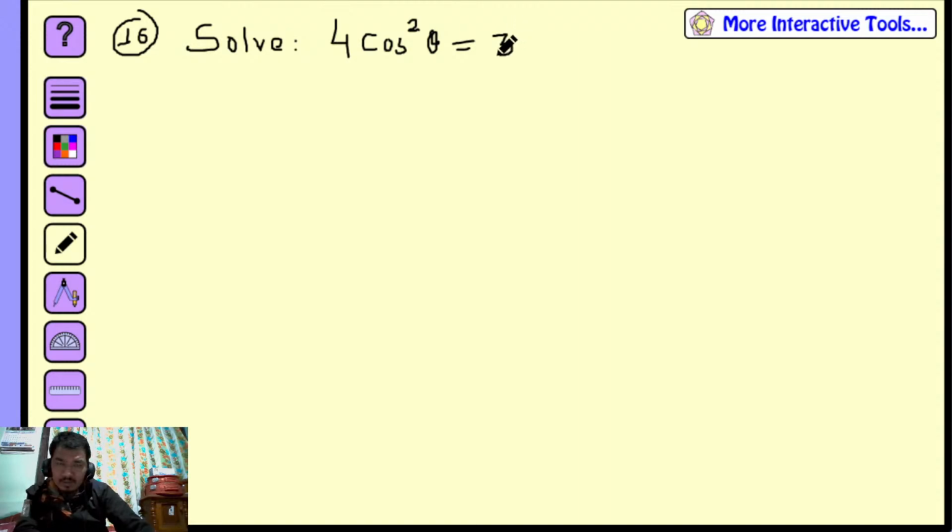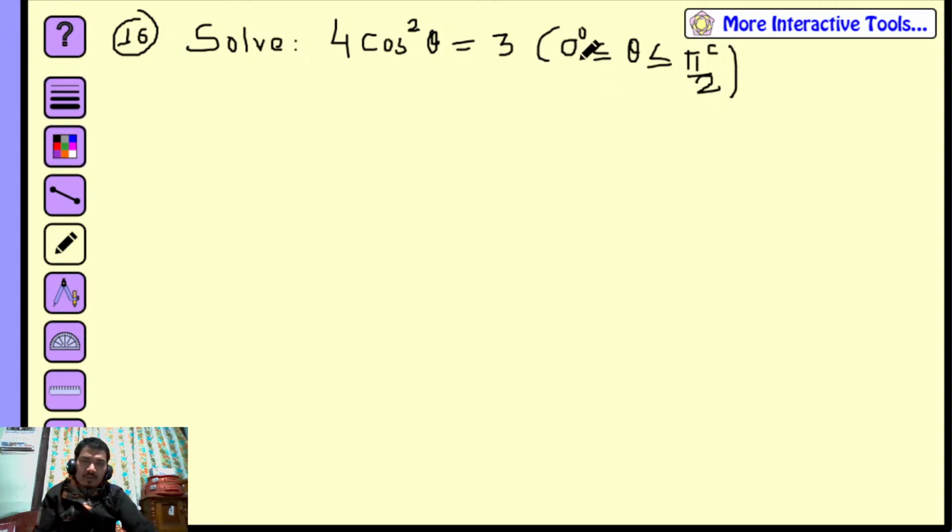There will be a trigonometric equation like this, and limits will be given at the side, from 0 degree to 90 degree, and sometimes pi radian by 2. You know pi radian means 180 degree, and when divided by 2 it will be 90 degree. We need to find the value of theta from 0 degree to 90 degree. In such a condition, how to solve this question, okay?